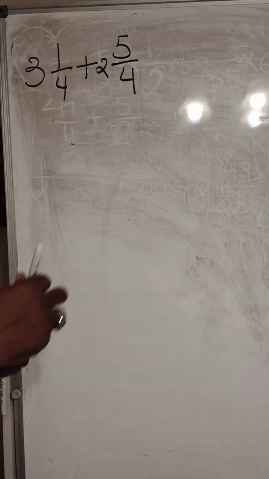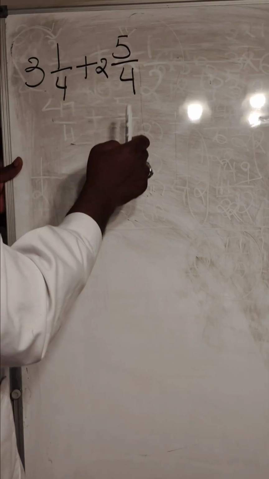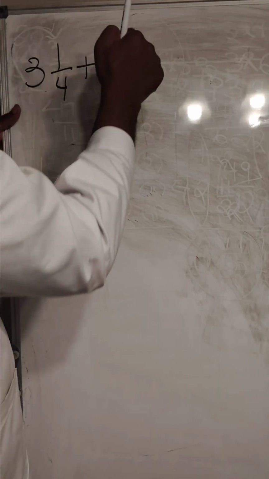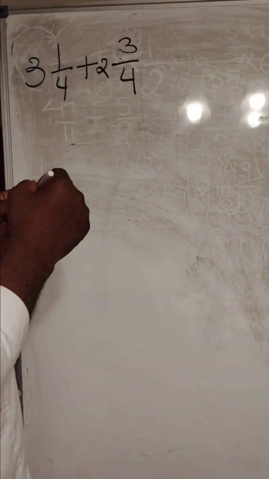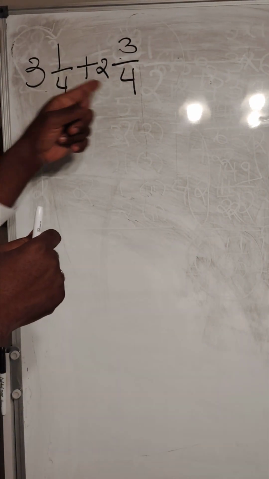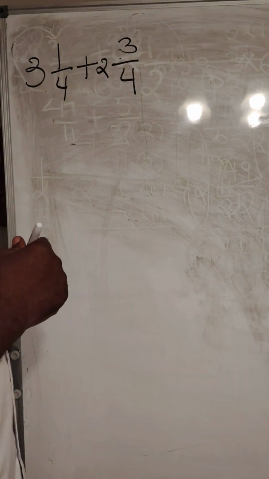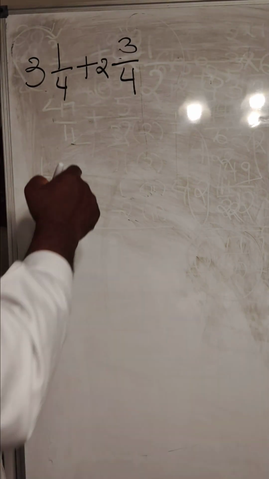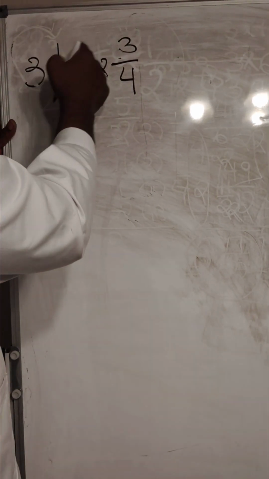Whenever you are adding mixed numbers that have the same fraction, the only thing you have to do is add the whole numbers, and add only the tops.